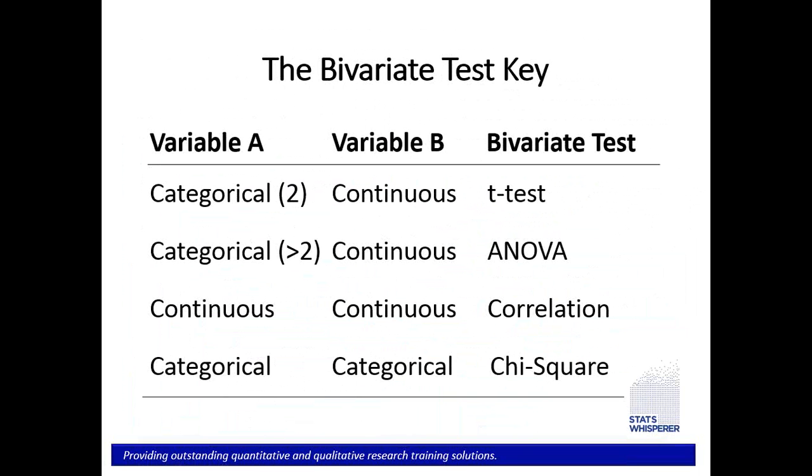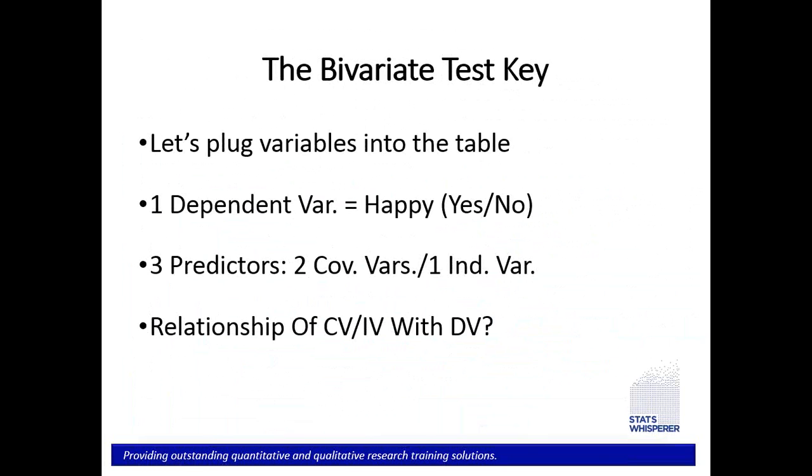So here's the bivariate test key again. Now let's plug in our variables. We have the 1 dependent variable, happy, yes or no, and our 3 predictors, the 2 covariates and 1 independent variable. Let's see the relation between them.